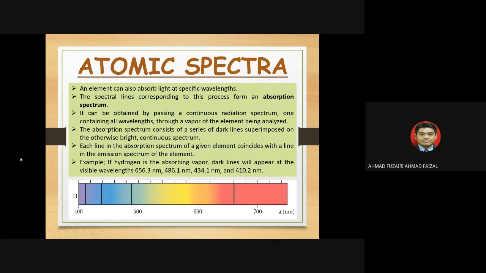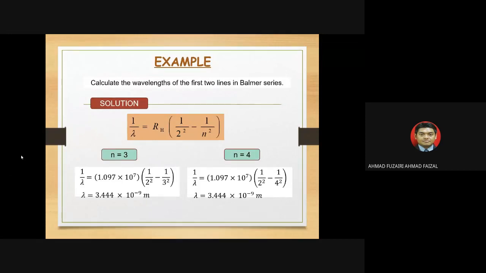An element can also absorb light at a specific wavelength. The spectral lines corresponding to this process form an absorption spectrum. What I want to highlight here is the example: calculate the wavelength of the first two lines in the Balmer series.